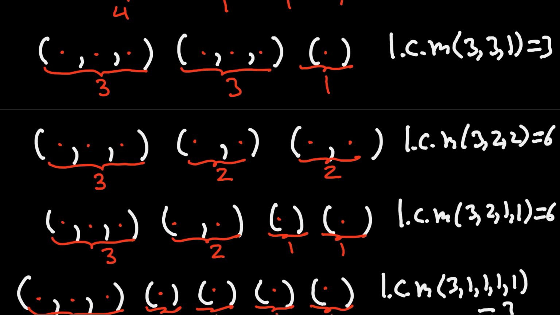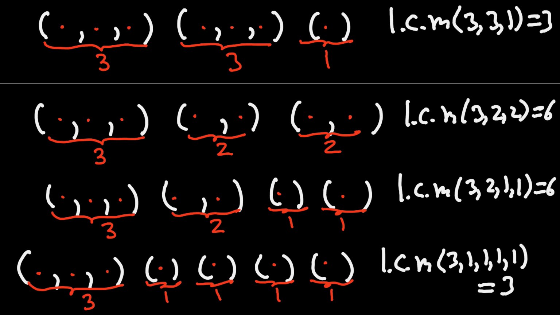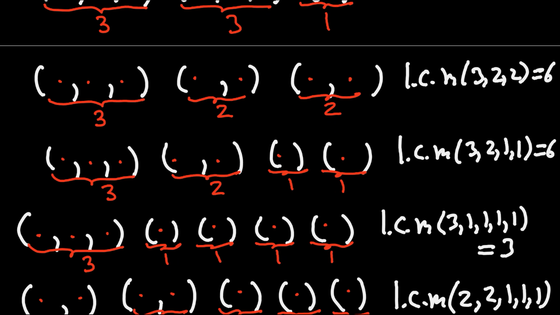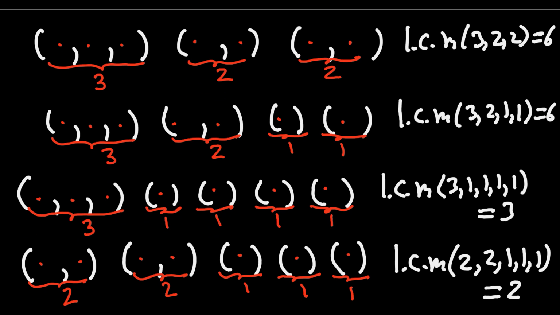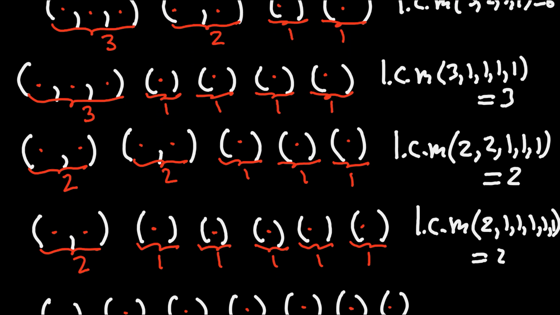A 3 cycle, a 2 cycle, and a 2 cycle. That's going to give us another permutation of 7 elements. The LCM will be 6 in this case. Then we can have a 3 cycle, a 2 cycle, and two 1 cycles. That's 6. We could have a 3 cycle and four 1 cycles. That's going to be order 3 by taking the LCM.